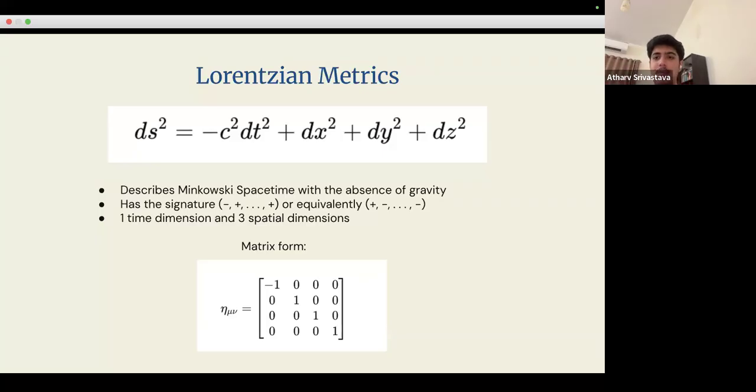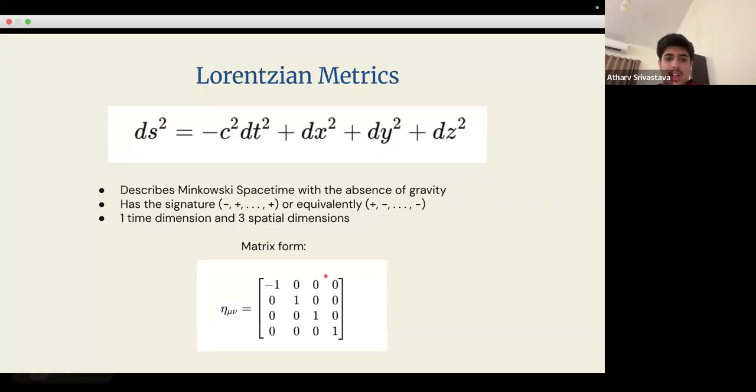There can be three different types of intervals. If it's a time-like interval, then one event can influence the other event. If it's a space-like interval, then one event cannot influence or cause the other event. And if it's light-like, then those two events can be connected by a light ray. That's why this negative sign is significant in the Lorentzian metric.